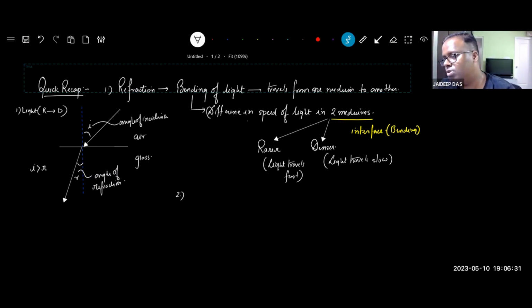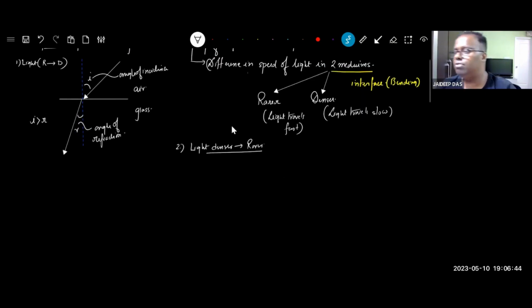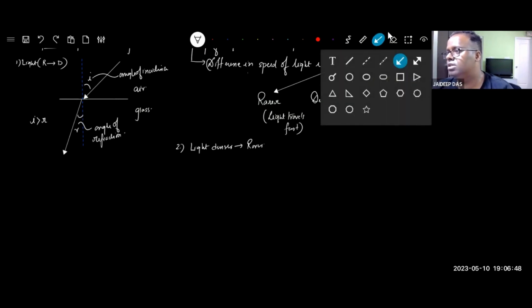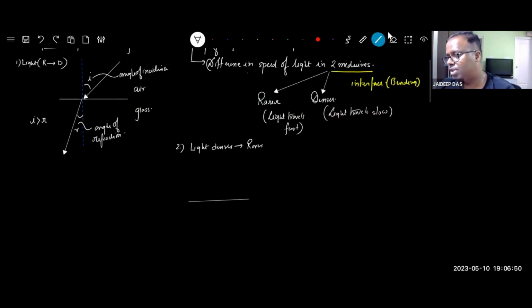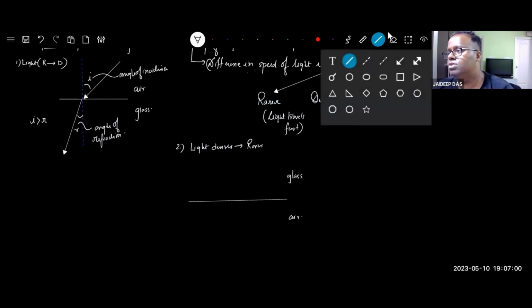The second option was when light moves from denser to rarer. Let's see this option. Let's make our interface first. Now you're going from denser to rarer, so let's take glass here and air here.